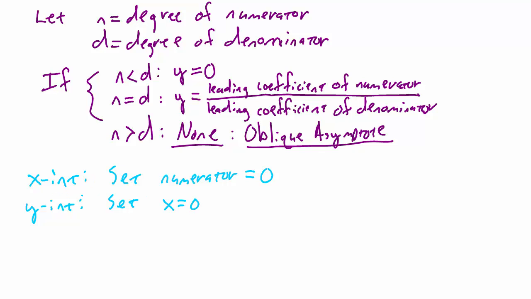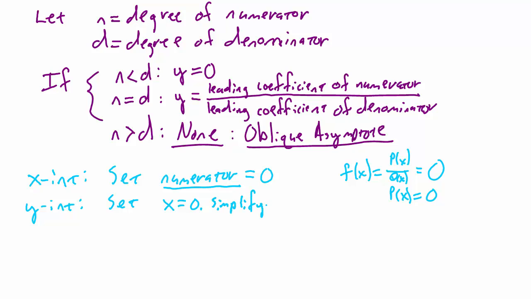Now, this isn't really anything new. You've actually seen this stuff before. For x-intercepts, you set the y equal to 0. But if you look at f of x, we defined as p of x divided by q of x. If I set that entire thing equal to 0, the denominator doesn't matter because the only way for something to equal 0 is for the numerator to be equal to 0. In other words, p of x has to equal 0, which is the reason why the numerator has to equal 0 for the x-intercept. Now for the y-intercept, the x is 0. And then you just simplify. And that'll give you the y.